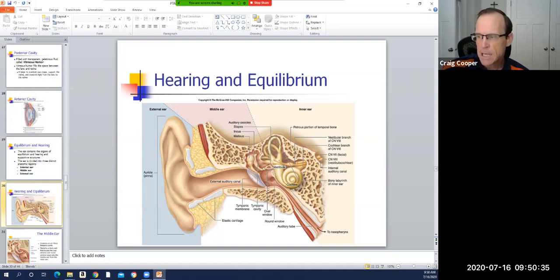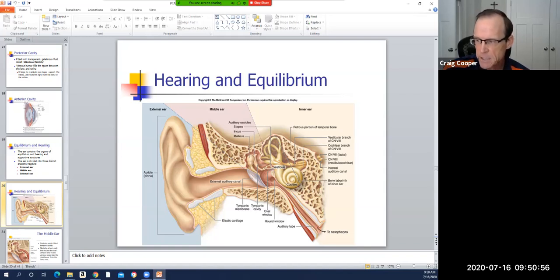We have the malleus, also referred to as the hammer. We have the incus, also referred to as the anvil. And then we have the stapes, also referred to as the stirrup. So those three bones basically help transmit the force.